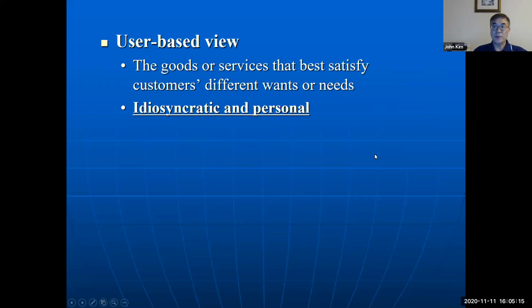And user-based view. When we go to Dollar Tree, something like a dollar store, they say everything is $1, but maybe the backside is not $1. But we can assume $1 or cheap. Person to person may be different. Personally, I like it because it's cheap, but the quality is affordable. So I like to go to that kind of store and sometimes I buy something.